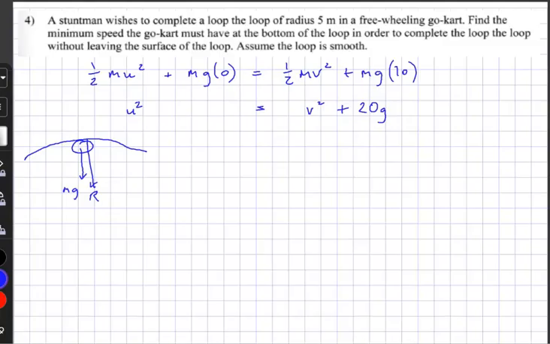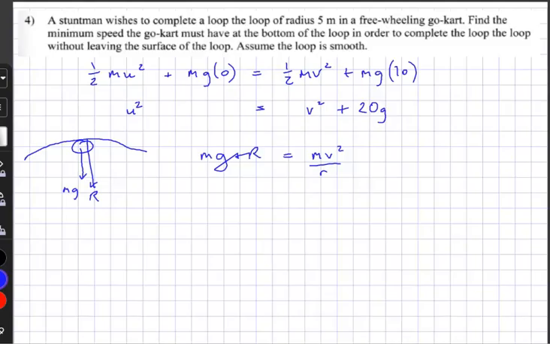The key idea is that the motion in the vertical circle is going to cease when one of the forces is equal to 0, and in this instance, once R becomes 0, we have a problem. If it happens right at the top, we don't have a problem. So let's take mg plus the reaction, and this is going to equal the centripetal force, mv squared over r.